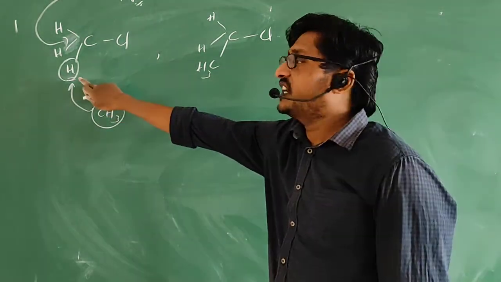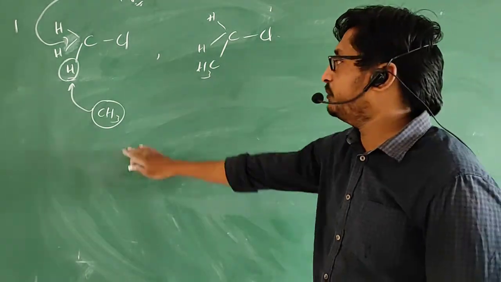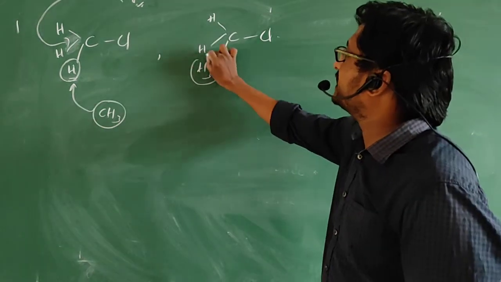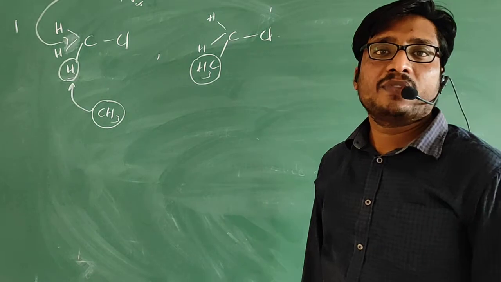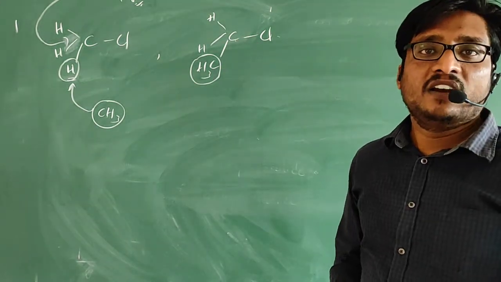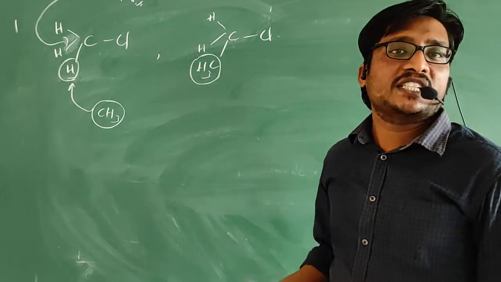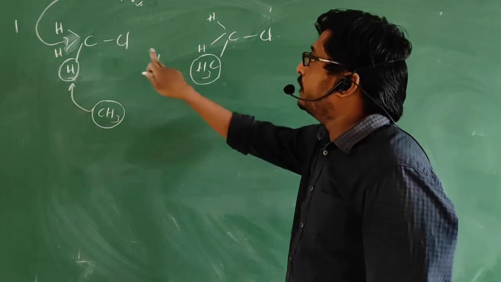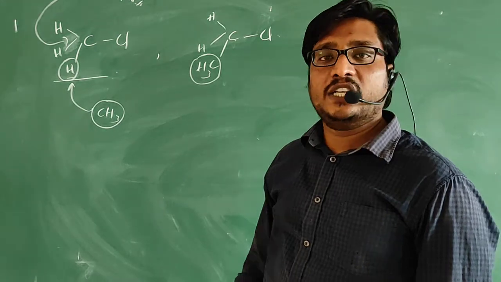Whenever these hydrogens are substituted by bulky substituents like methyl groups, they will not give space for the nucleophile to attack the carbon. Then SN2 reaction will not take place. When compared with these, methyl chloride will be more reactive towards SN2 reaction.